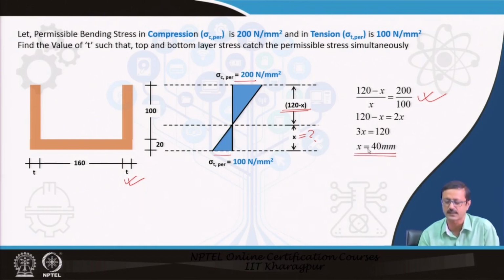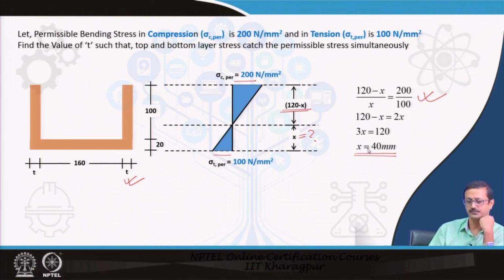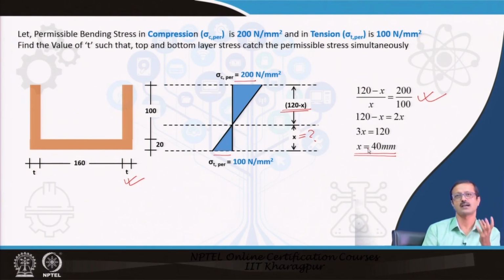So, x has to be 40 and the upper portion has to be 80 such a way that this hinge should be such that the sigma compression at the top will be 200, and at the same time the sigma tension will be 100 in the bottom.